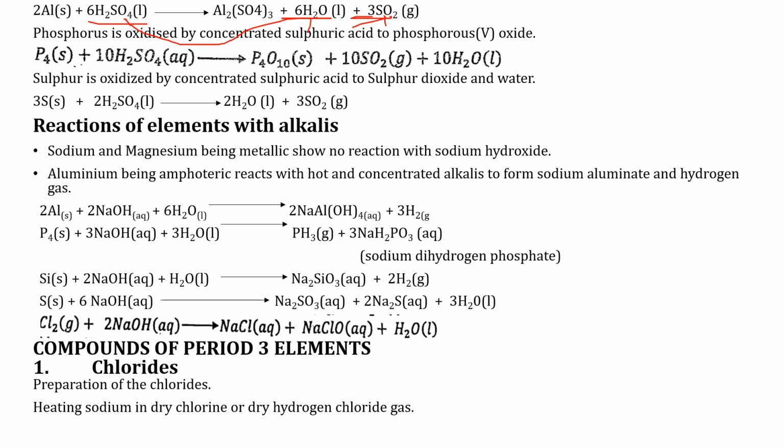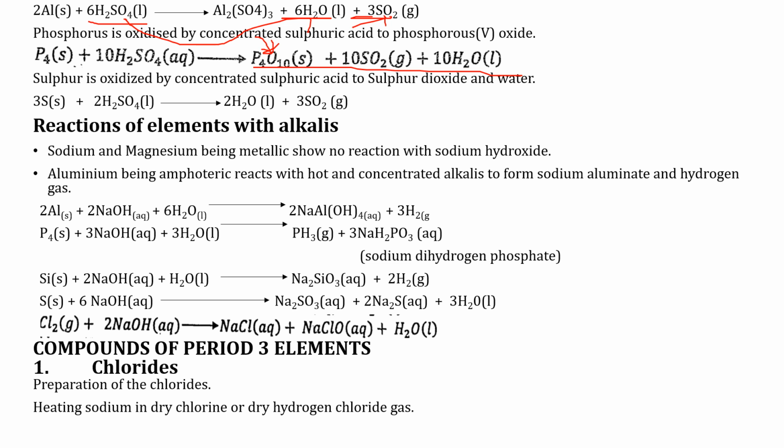Now notice that this reaction is very different from that of nitric acid. For nitric acid, we form phosphoric acid, but for sulfuric acid, we form phosphorus pentaoxide. And after the acid oxidizes, it always gets reduced to the same products, which is always sulfur dioxide and water.